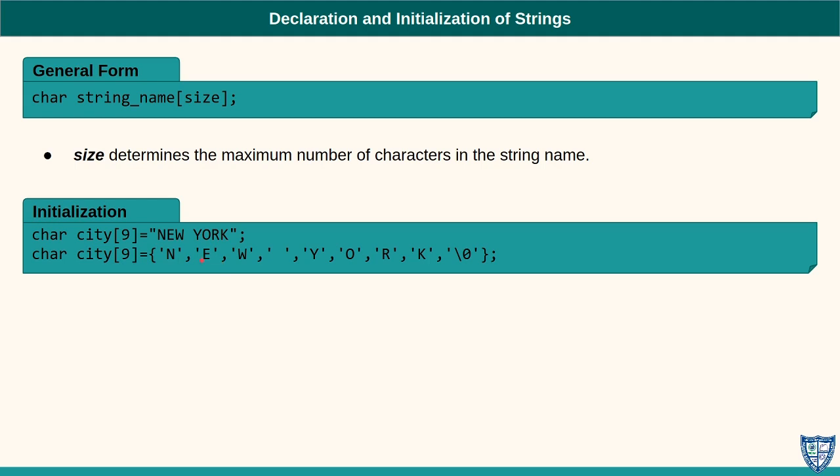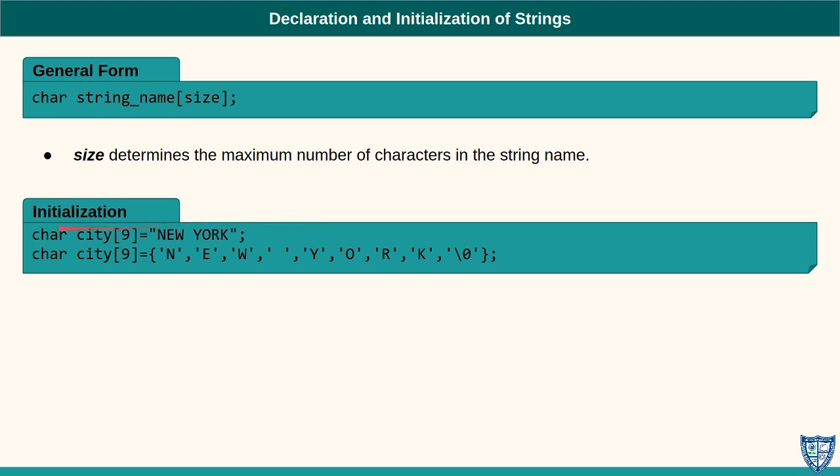So N, E, W, space, Y, O, R, K, and some strange character is shown here. This is known as a null character in C. In C, a string has a particular character known as a null character with which it terminates.